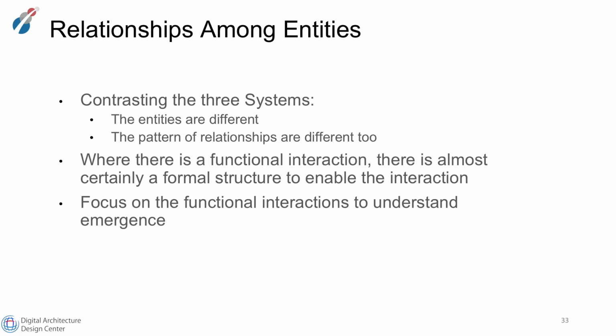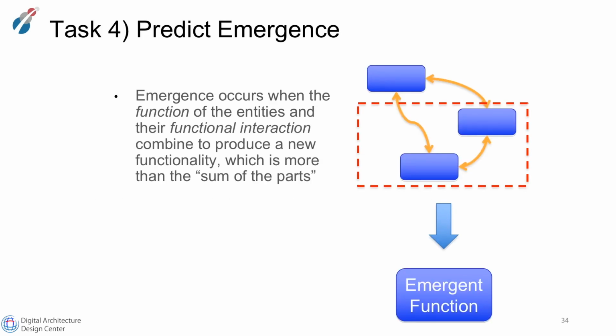So we know that when there is a functional interaction, there almost always is a formal structural interaction as well. And the functional interactions are what we need to understand to understand emergence. And that is the last step in systems thinking, understanding or predicting emergence.